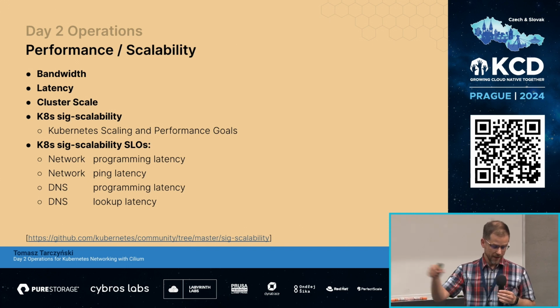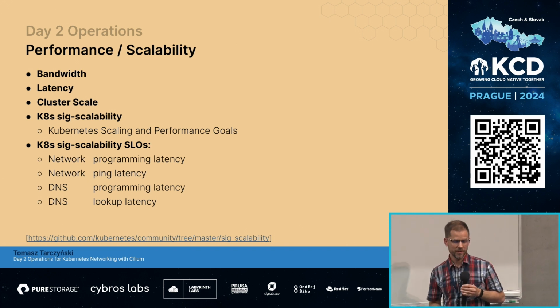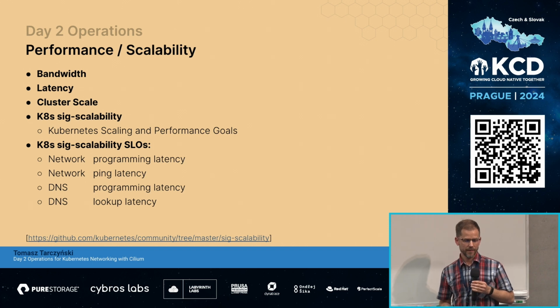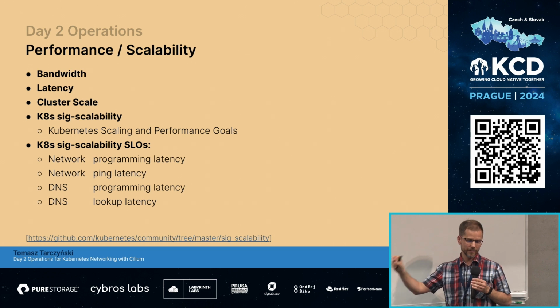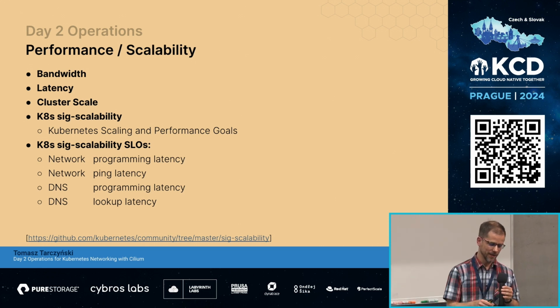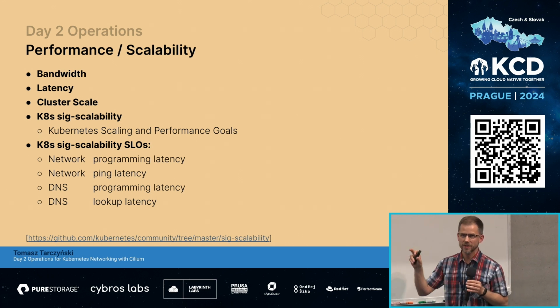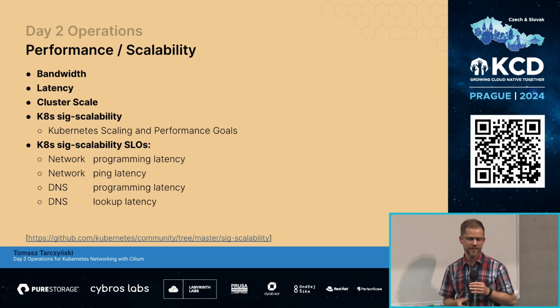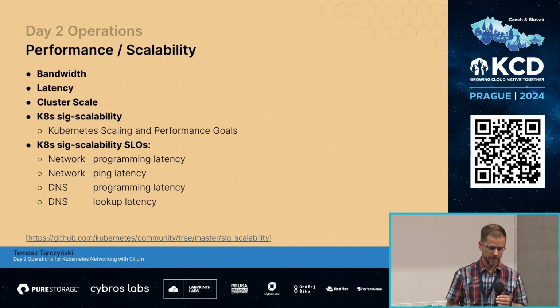What is the ping latency, just sending a request from one pod to another? And similarly, for kube-dns, the same thing. How much time does it take to program it when you change definitions of your services? And how much time does it take to do a lookup?